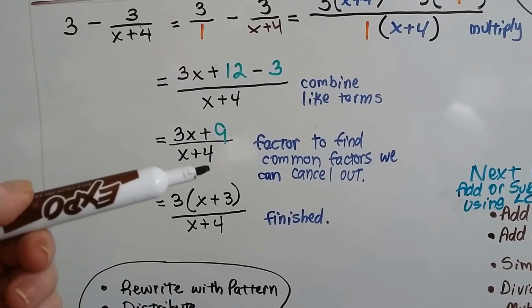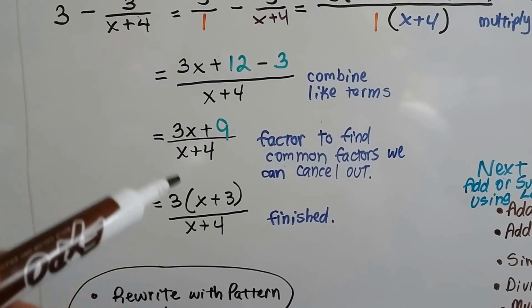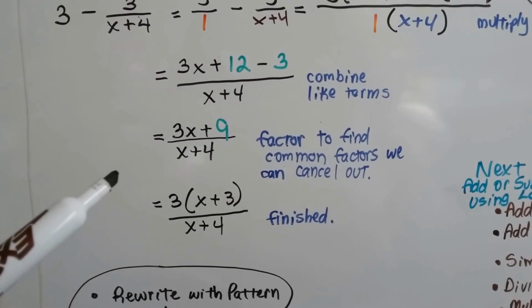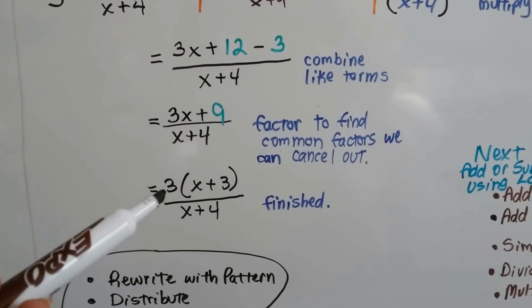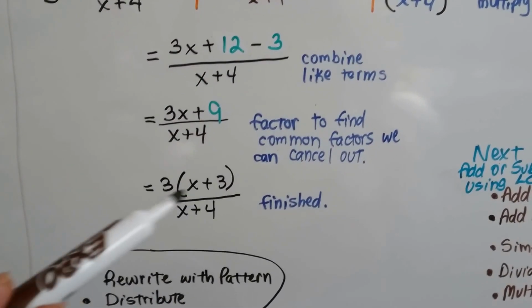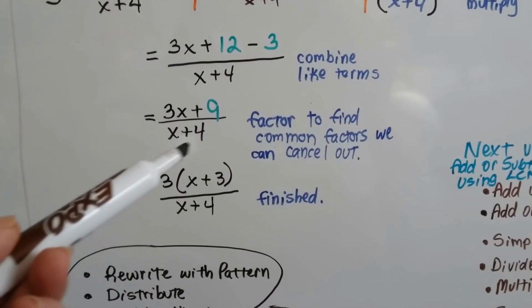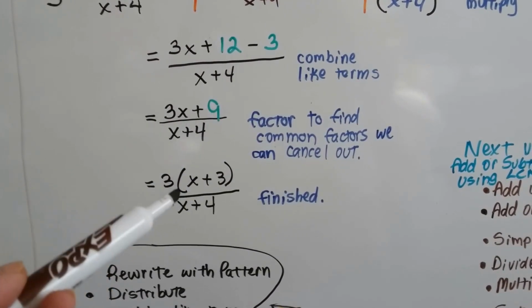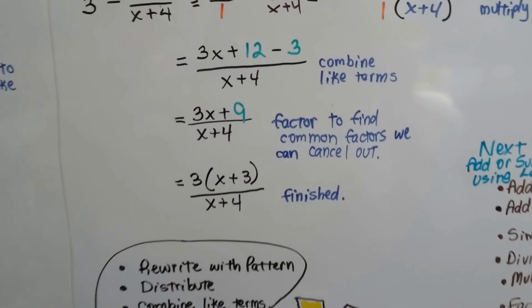When we bring that denominator down, we just copy it, right? So now we have 3x plus 9, and we need to factor to find any common factors that can be canceled out. And 3x plus 9 can be factored to 3 times x plus 3. See? 3x, and 3 times 3 is 9, so that's our 3x plus 9, see? We put it over our x plus 4, and we're finished.